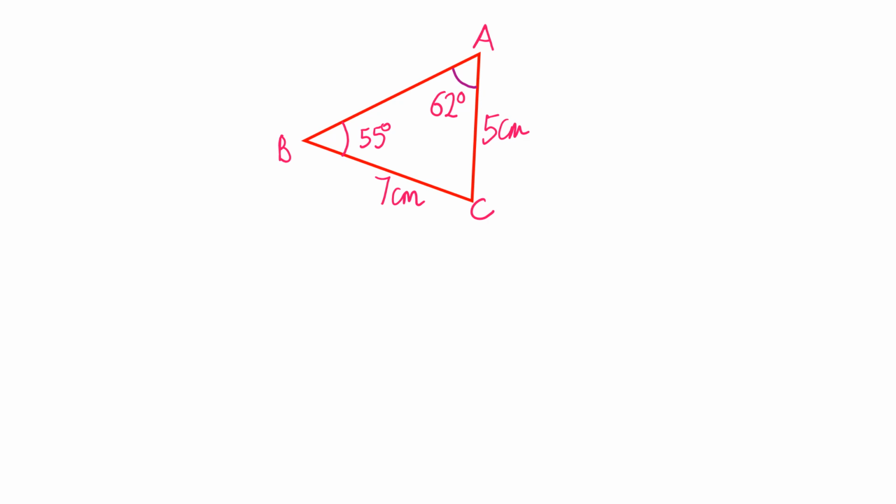The formula says that to find the area of this triangle ABC, you have to use half times AB times sine C. What does this angle C mean?